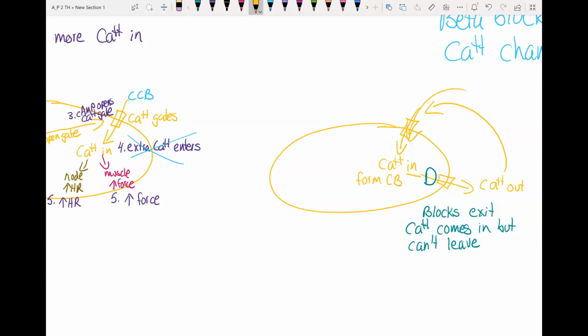You're eating calcium as part of your diet, so you're not going to run out. With every heartbeat, more calcium comes in, but it can't leave. So this causes you to build up calcium inside that muscle cell. And all that calcium building up means you're going to get more cross bridges. And by having more cross bridges, you're going to increase the force. So that is how digoxin works to increase the strength or the force of contraction in a heart that is weak.